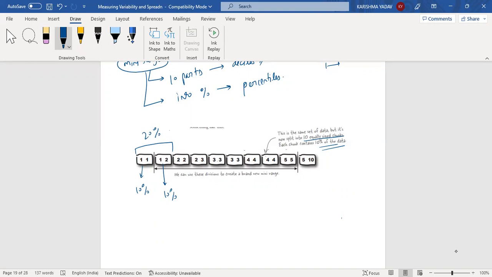We can use these divisions to create a brand new range. If we break up a set of data into percentages, then the values that split the data are called percentiles.